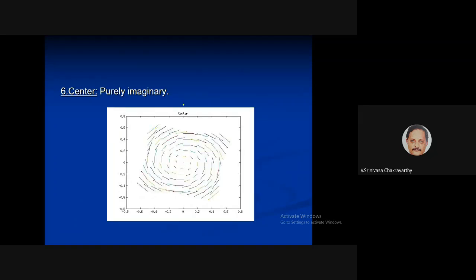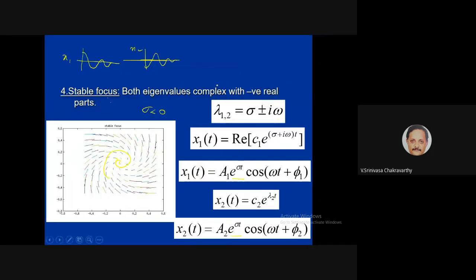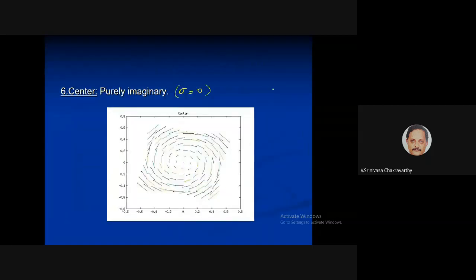Now something interesting happens when sigma is equal to 0. The real part of the eigenvalues is 0, that means eigenvalues are purely imaginary. If you go back to the expressions, a1 times e to the power 0 is 1, so the amplitude doesn't change. They are pure sinusoids, so both x1 and x2 are pure sinusoids.